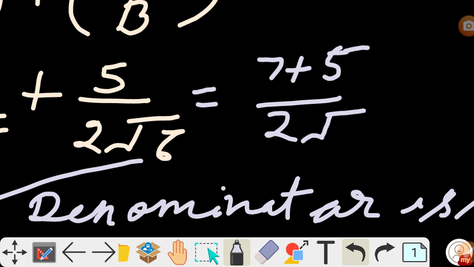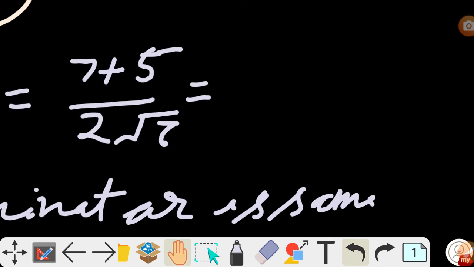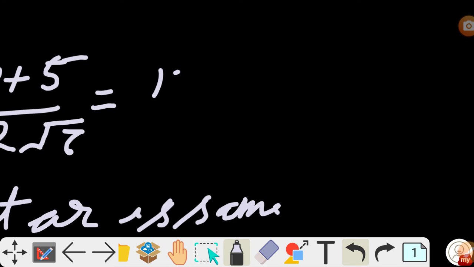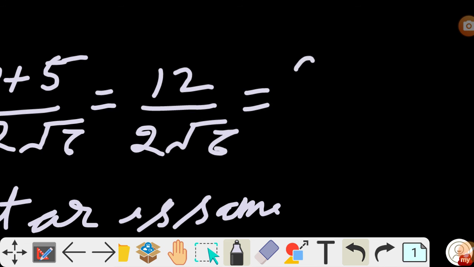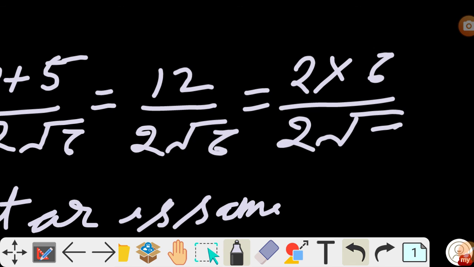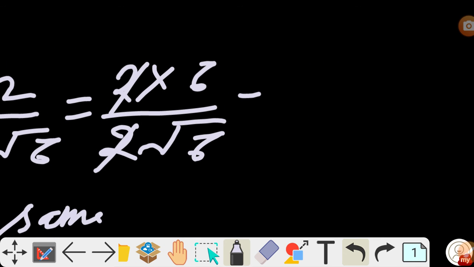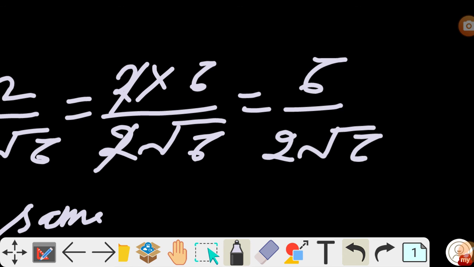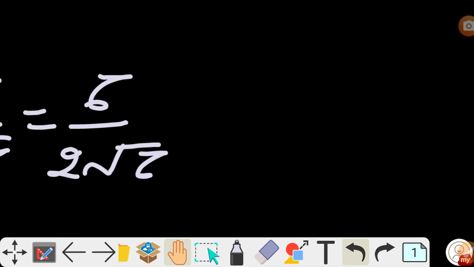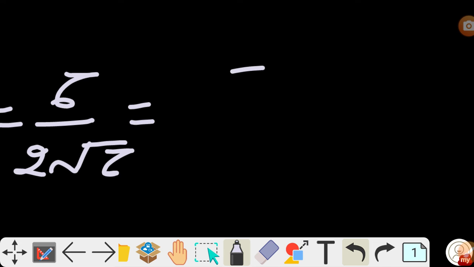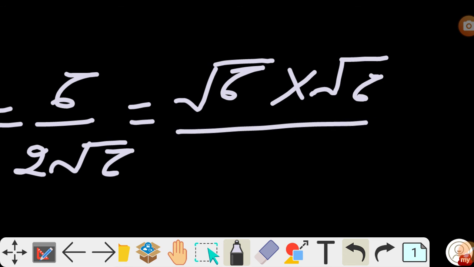So here we get 12 upon 2 root 6. You can write it as 2 into 6 upon 2 root 6. So we divide 2 by 2, and we get 6 upon root 6. So you can write 6 as root 6 into root 6 upon root 6.